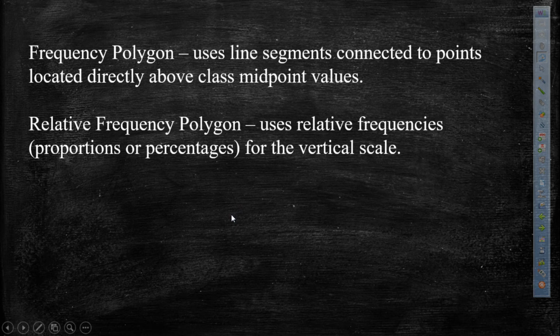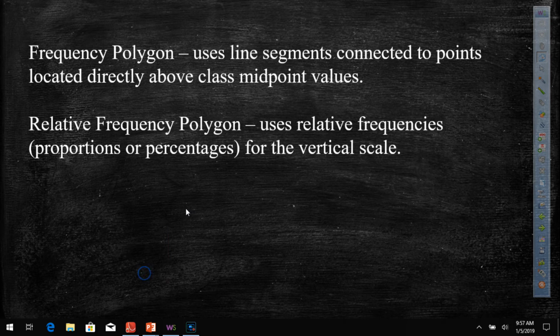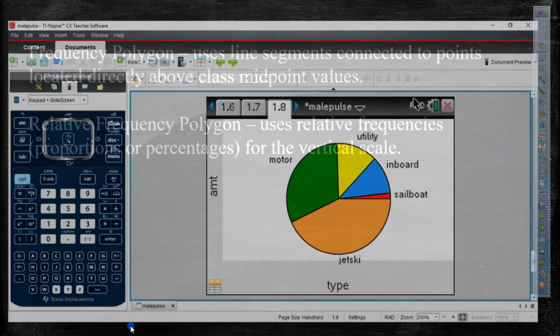A frequency polygram uses line segments connected to points located directly above class midpoint values. A relative frequency polygram uses proportions or percentages for the vertical scale. What I would do is make a histogram using the calculator, and I'll show you making a histogram, and then just get it off of the histogram.